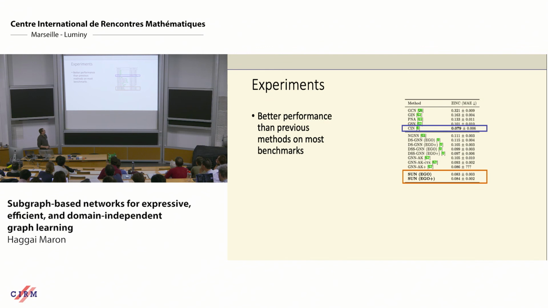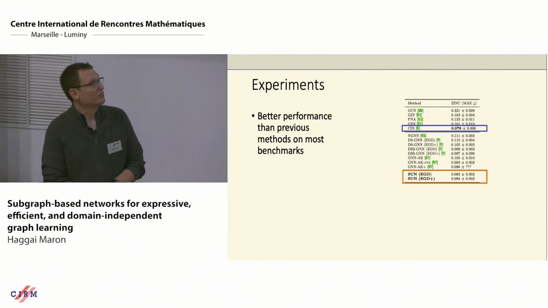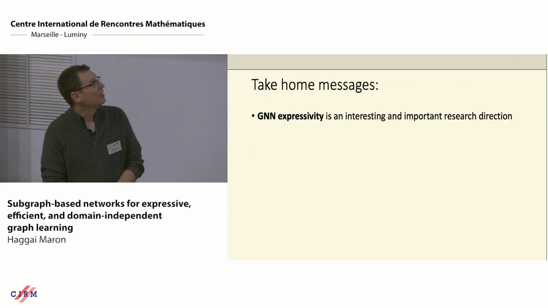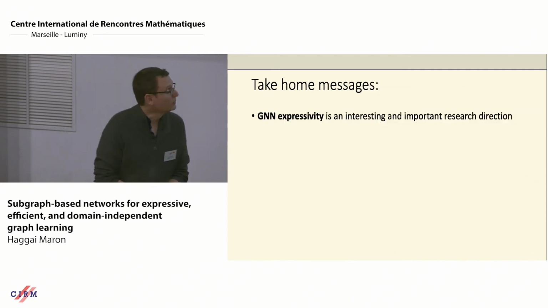And from the experimental point of view, we actually close the gap to CIN even more. We have some nice results on the generalization ability, but I will not talk about it now. I would like to conclude.